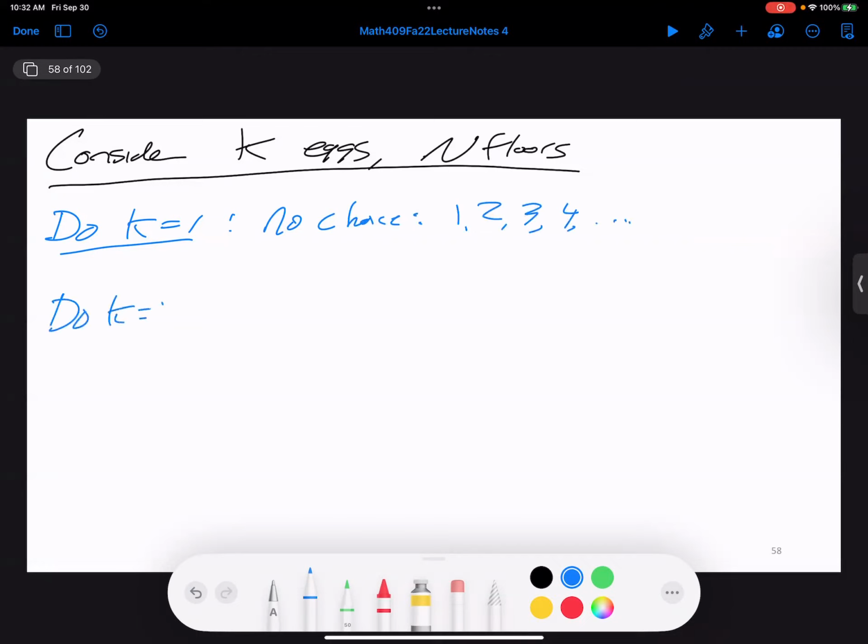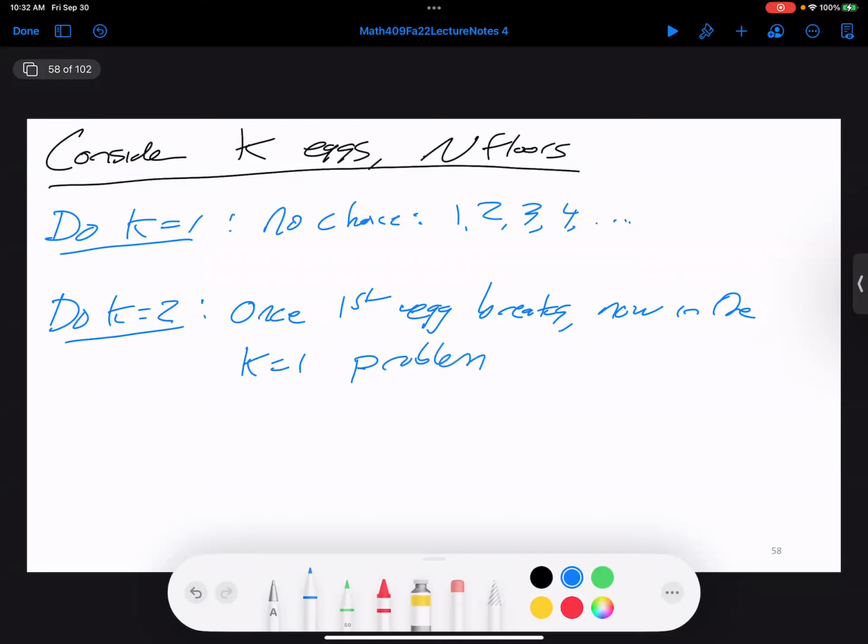Now do K equals 2. Basically, once the egg breaks, when you have 2 eggs, you reduce to the K equals 1 case. So once the first egg breaks, now in the K equals 1 problem, do we have a strategy to handle it?